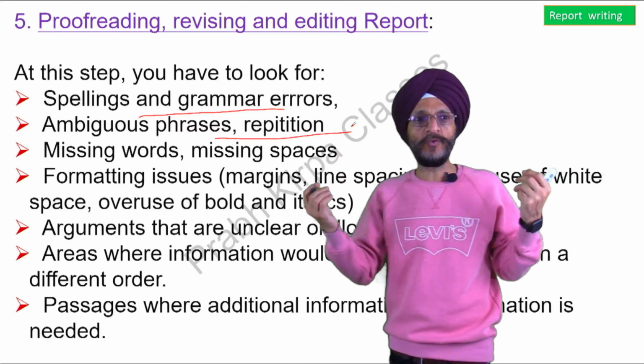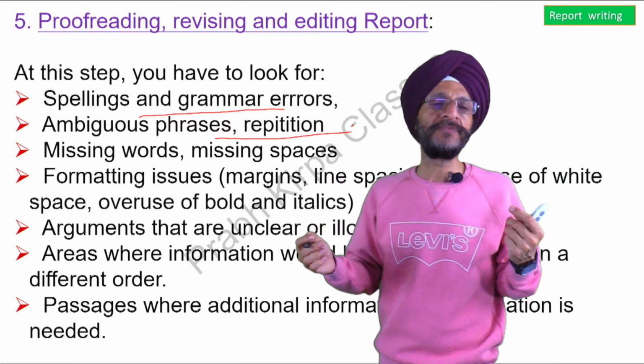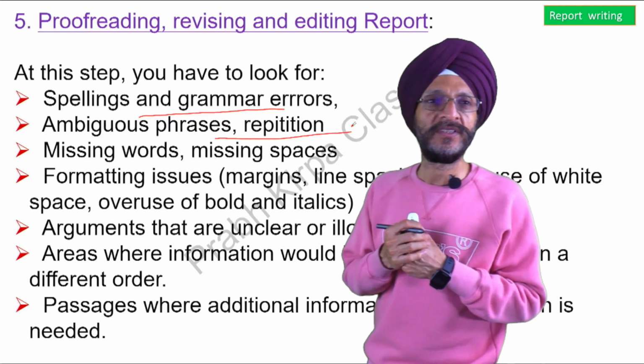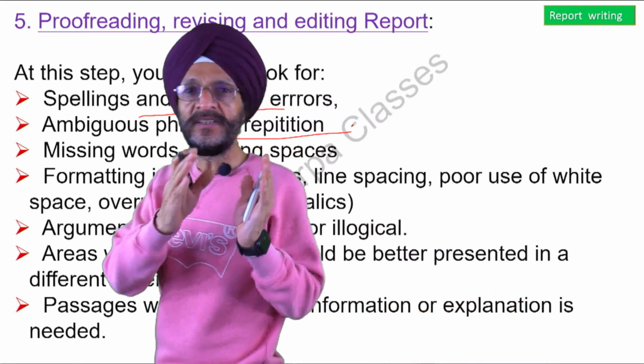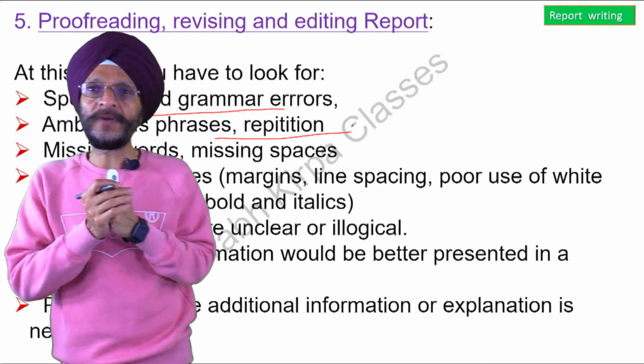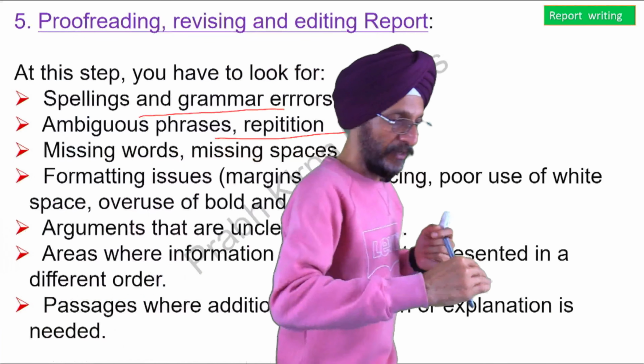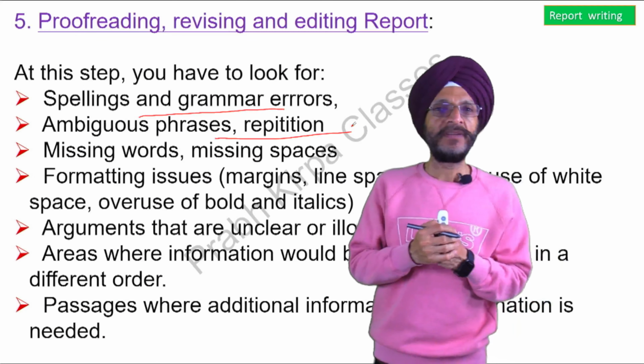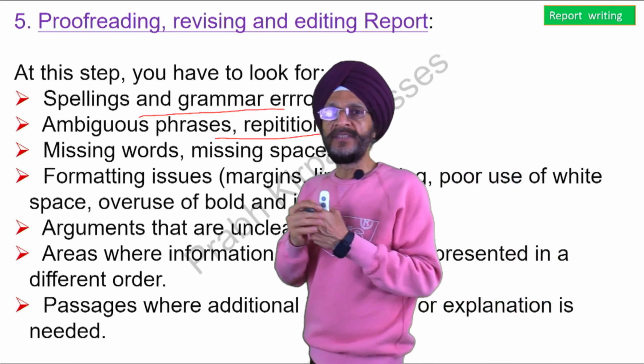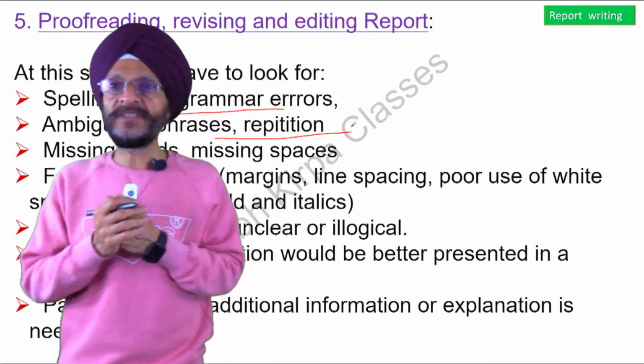You will also have to find out whether any words are missing or whether any spaces are missing. You will also have to find out the formatting issues such as the margin, whether the left and right margin is proper, whether spacing in between the lines is proper, whether there is any poor use of white space.